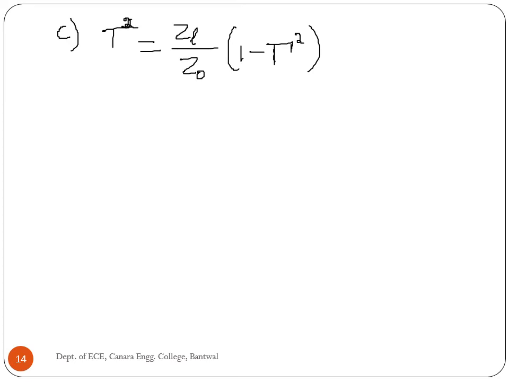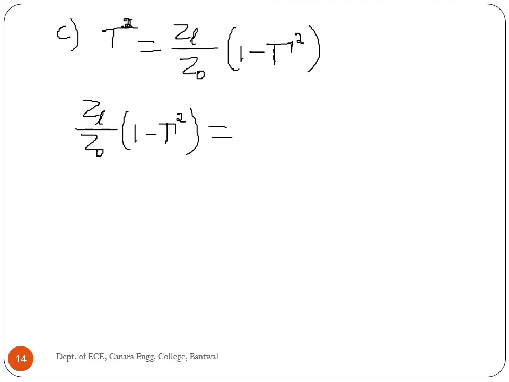Now we have to verify right hand side equal to left hand side. Square of T is equal to ZL by Z0 times (1 minus gamma square). Consider now ZL by Z0 (1 minus gamma square).